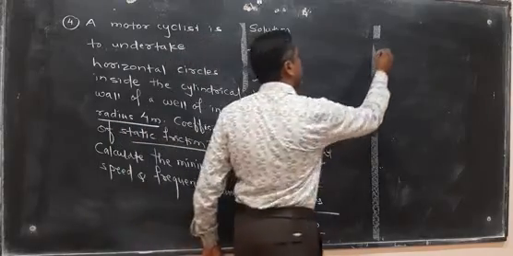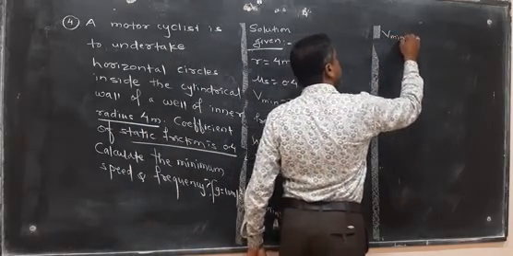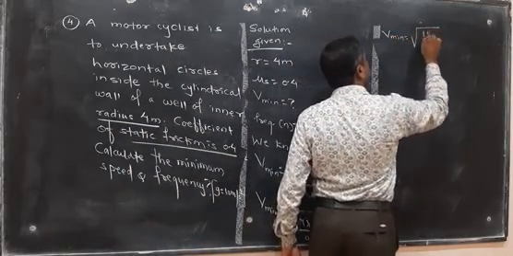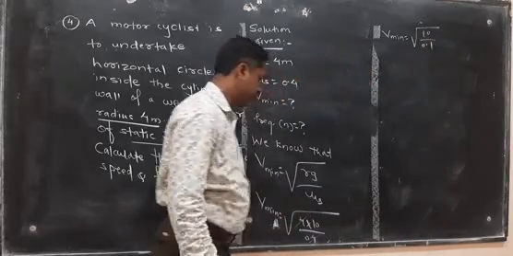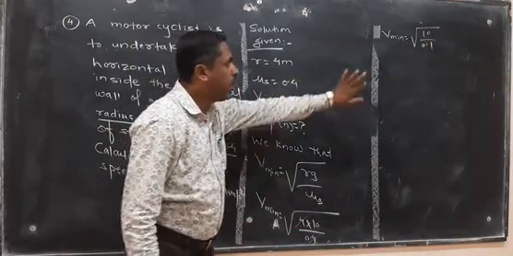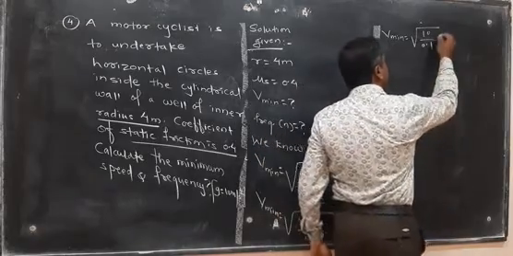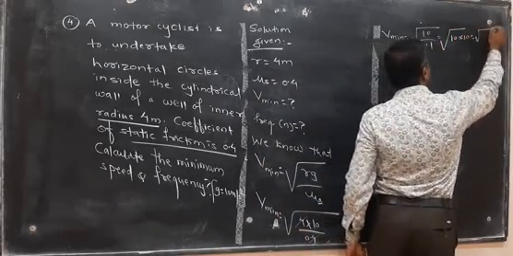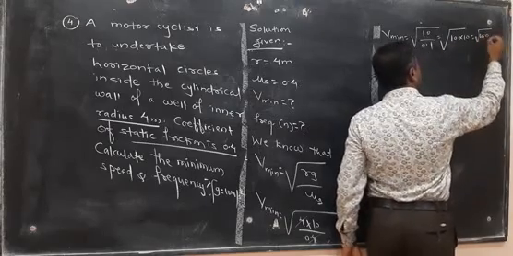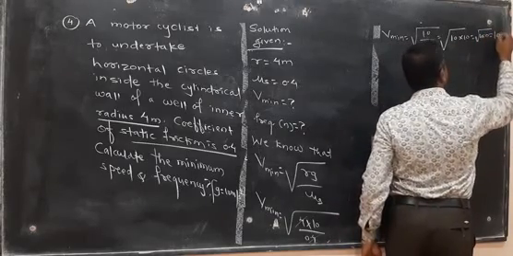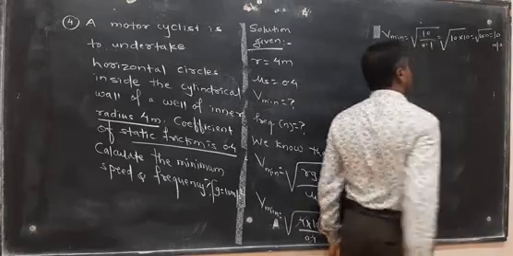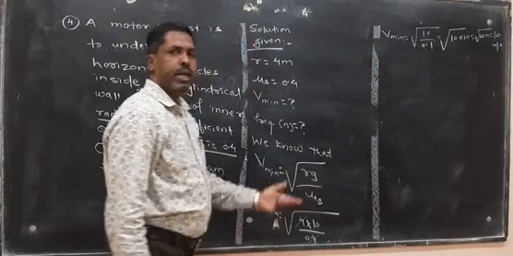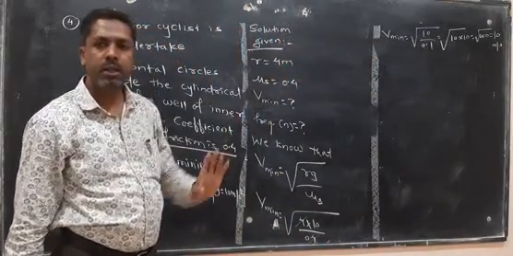What remains? v min is equal to under root 10 upon 0.1. When 0.1 goes to the numerator, it becomes again 10. That is 10 into 10, that is 100. So square root of 100 is 10 meter per second.